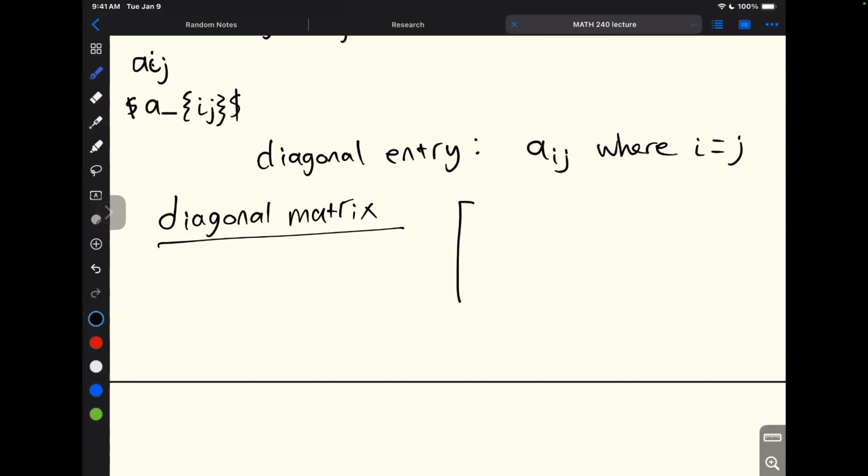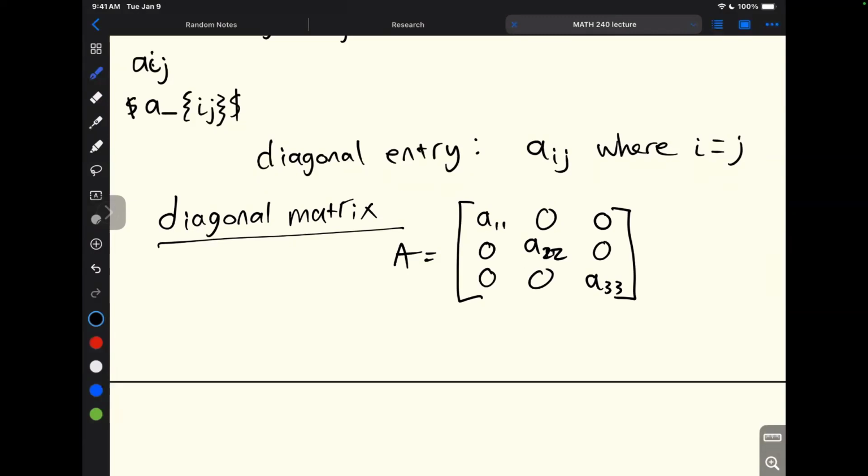So let's look at a 3 by 3. Something in 1,1, that should be 2,2, that should be 3,3, and everything else is 0. That's a diagonal matrix. We say A is diagonal.